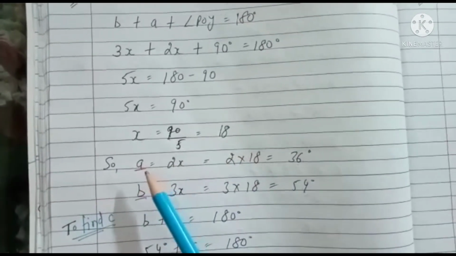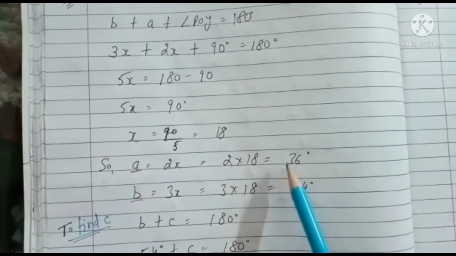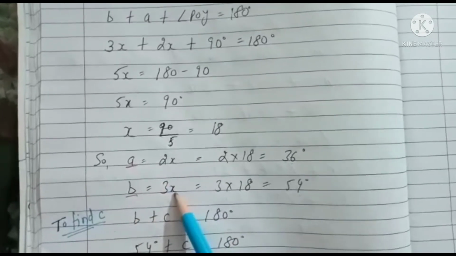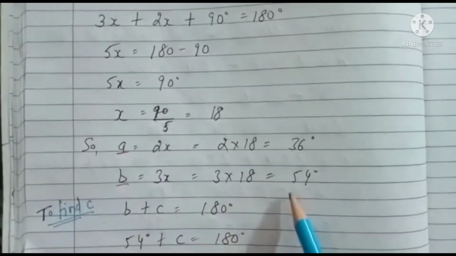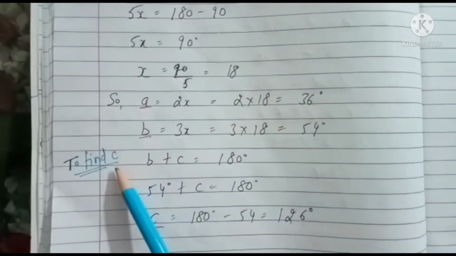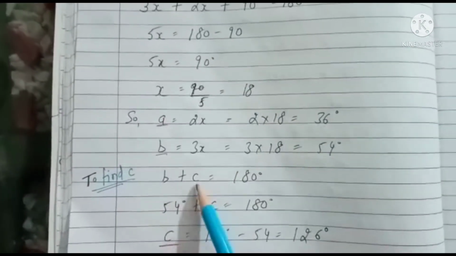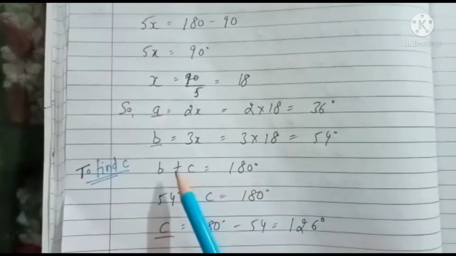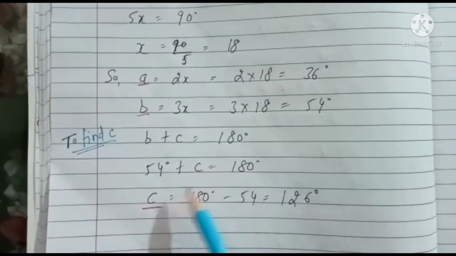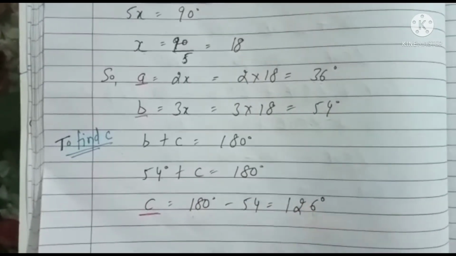Now A is equal to 2x, which is 2 into 18 is equal to 36 degrees, the value of A. B is equal to 3x, 3 into 18 is equal to 54 degrees, the value of B. Now to find the value of C. B plus C is equal to 180 degrees, B is 54 degrees, C is equal to 180 degrees minus 54 degrees is equal to 126 degrees.